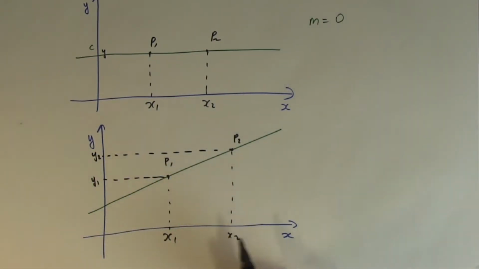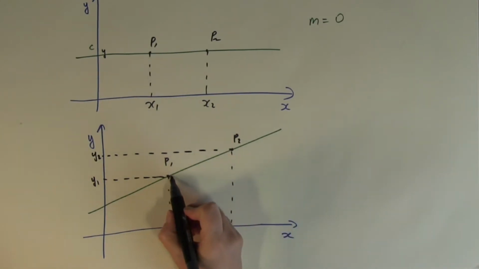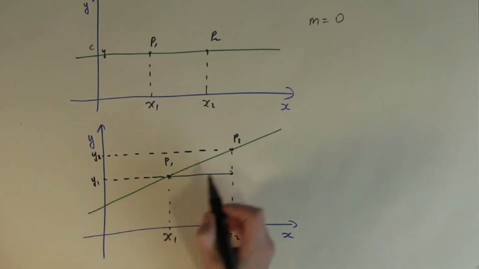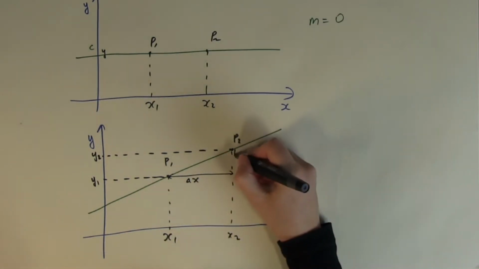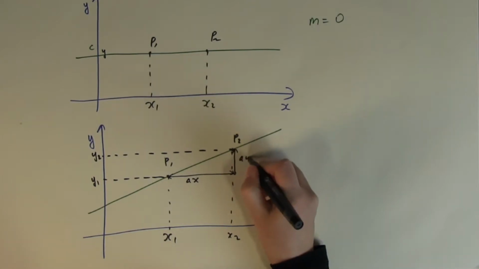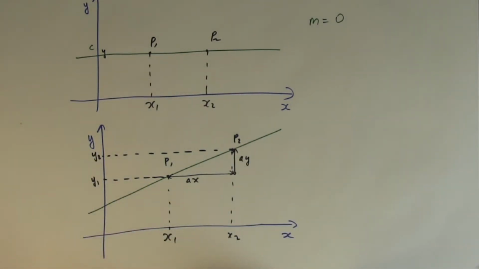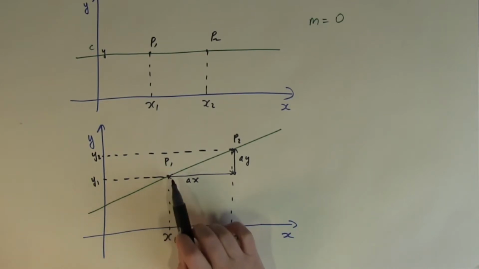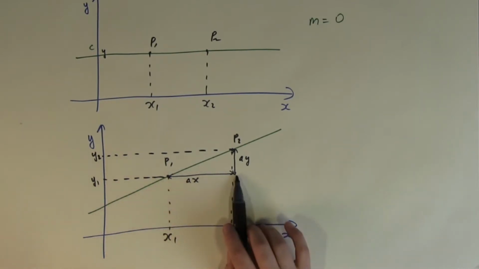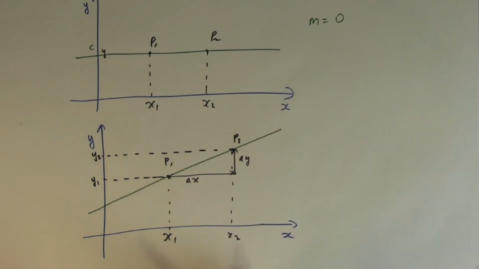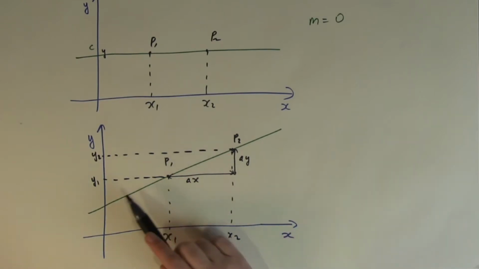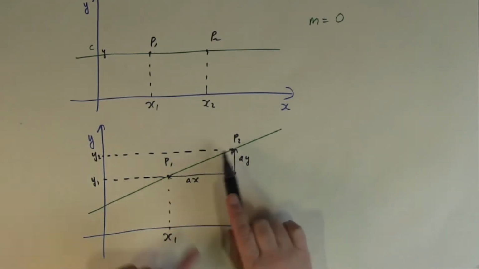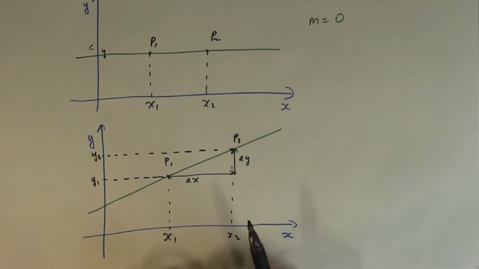So there is some kind of change in here, because I can visually show you that this would be the delta x, that's the x2 minus x1, and this would be the delta y, which is the y2 minus y1 distance. And basically the rate of change is how far I'm going up on the graph. So for a linear graph, as we established in the previous video, the rate of change is the same, doesn't matter which 2 points I'm looking at.